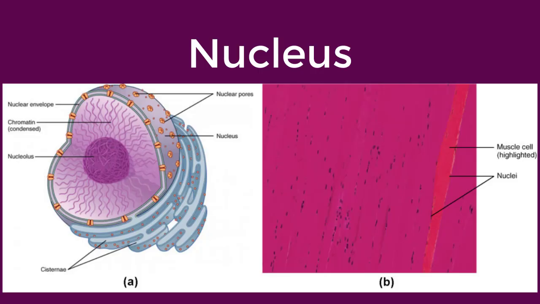The nucleus is considered the largest and the most prominent of all cell organelles. The nucleus is generally considered the control center of the cell because it stores all of the genetic instructions for manufacturing proteins. Interestingly, some cells in the body, such as muscle cells, contain more than one nucleus, which is known as multinucleated.